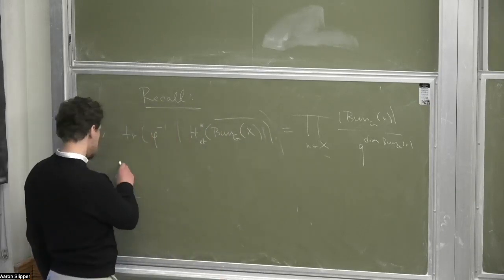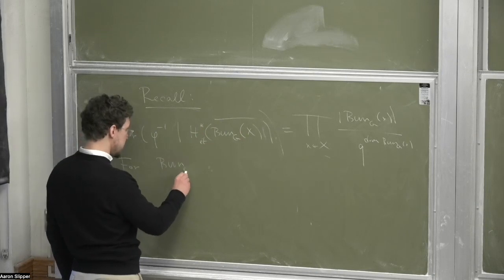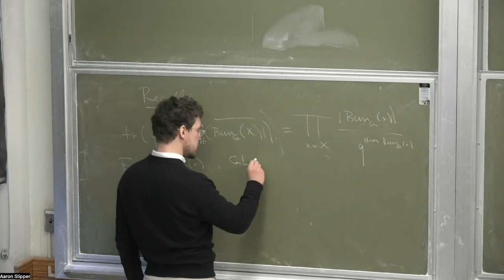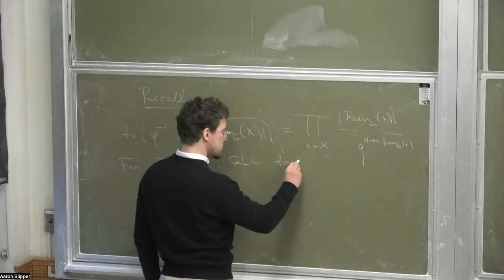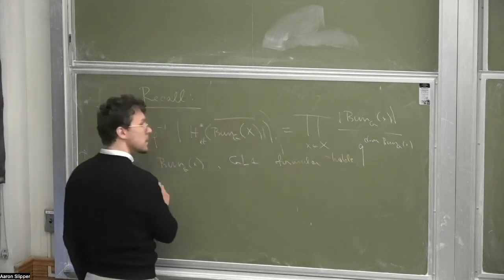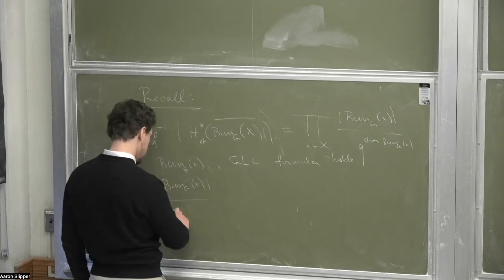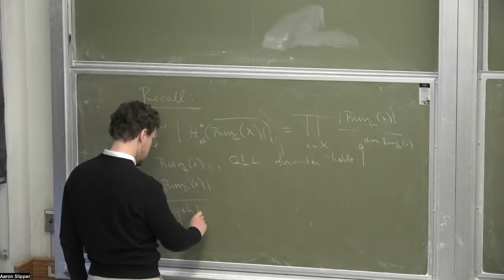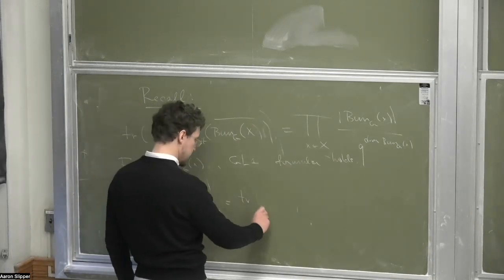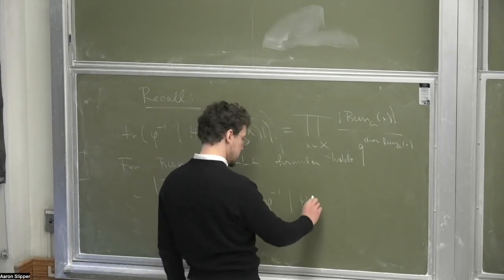And so for them, for Bun_G at a small x, the Lefschetz formula holds. So each of the factors is given by the trace of geometric Frobenius action on the cohomology.